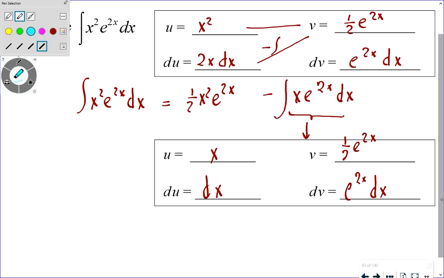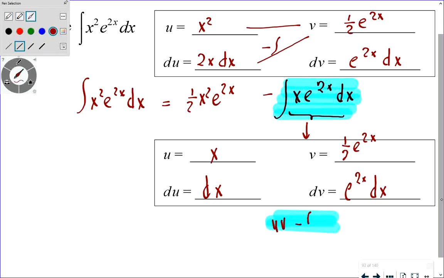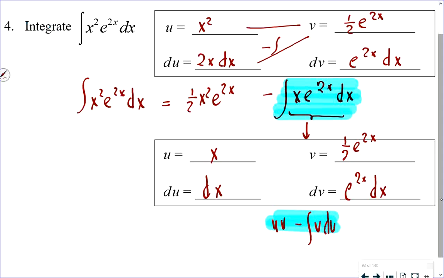This integral is going to be uv minus the integral of v du, but we're subtracting that integral. Right? It says up here that our answer is going to be 1/2 x squared e to the 2x minus this integral. And this integral contains multiple terms. So you need a set of brackets, in other words.